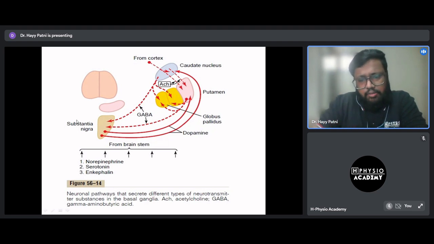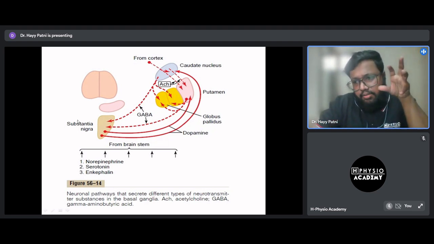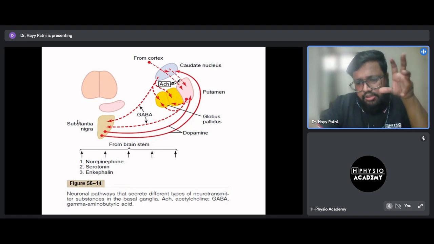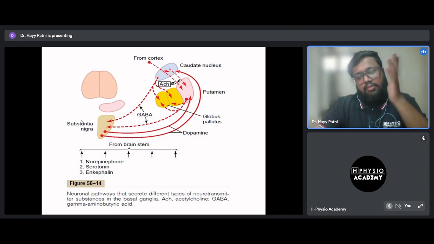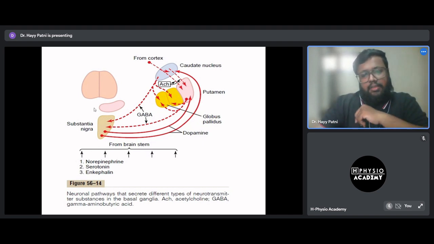When we are talking about the basal ganglia, it is not just one neurotransmitter for everything. There are different neurotransmitters for different nuclei as well. You can see the substantia nigra, which we discussed first, having dopamine pathways to the caudate nucleus and the putamen.